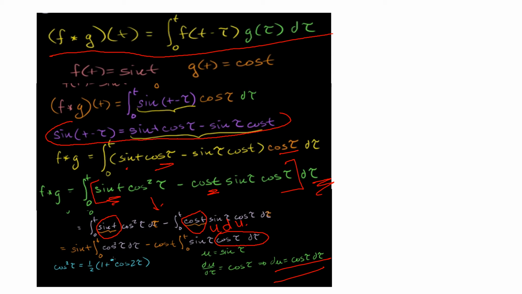Also, the first term is cos square tau d tau. Using a trigonometric identity, 2 cos square tau equals 1 plus cos 2 tau. Therefore cos square tau can be replaced by 1 by 2 times 1 plus cos 2 tau.